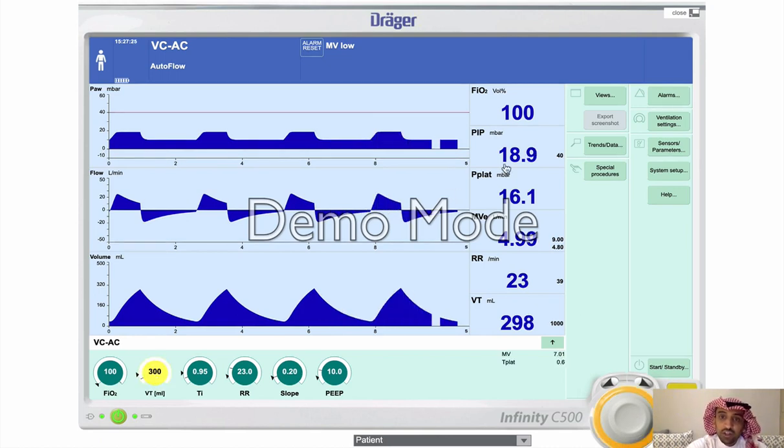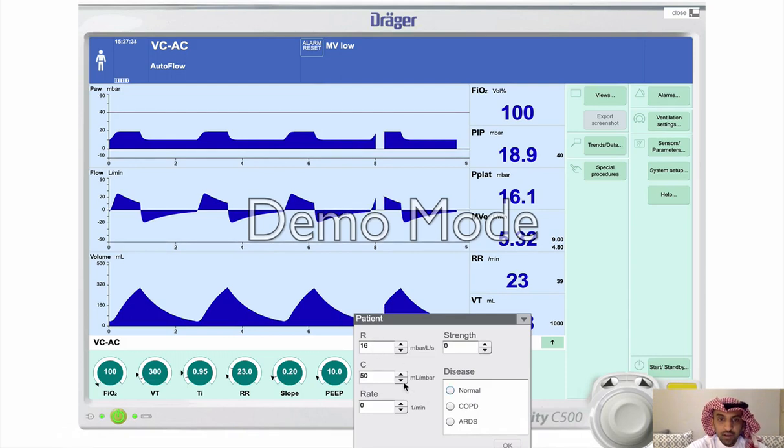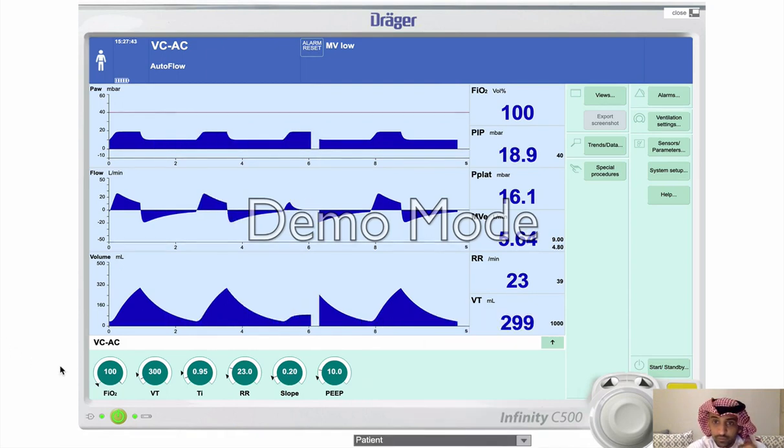So you see the pressure here is 18, but let's say that this patient has severe ARDS. And we'll see what will happen with the tidal volume that we set.